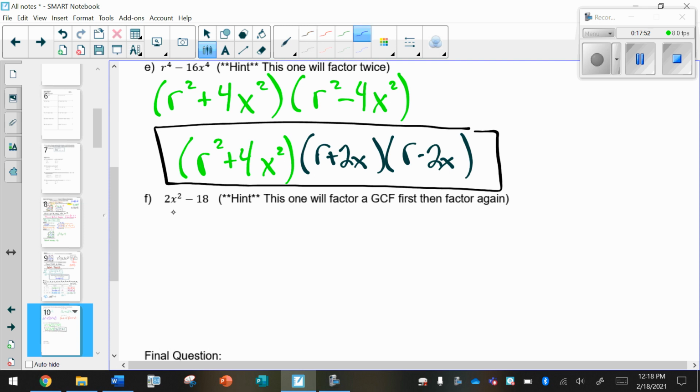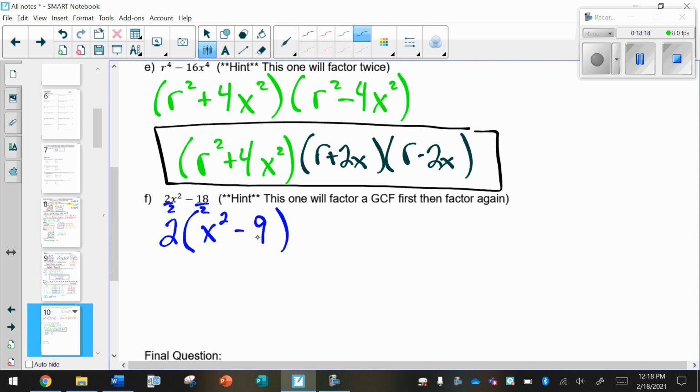So for letter F, I told you that the very first thing we're always supposed to check for is the GCF. What's the GCF here? That's right, it's a 2. So if we factor out a 2, which means divide a 2 out of both of the original terms, what's left over inside the parentheses is an x squared minus 9.